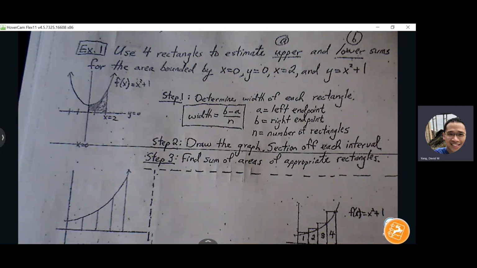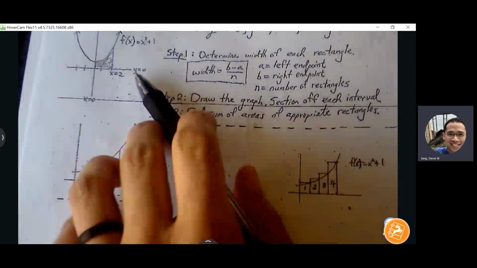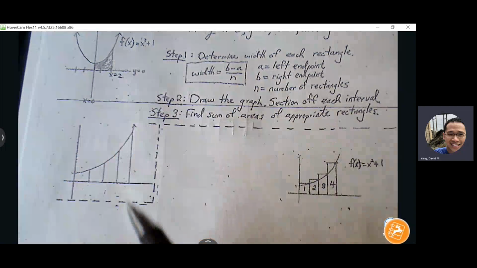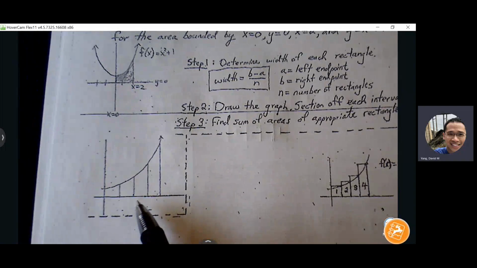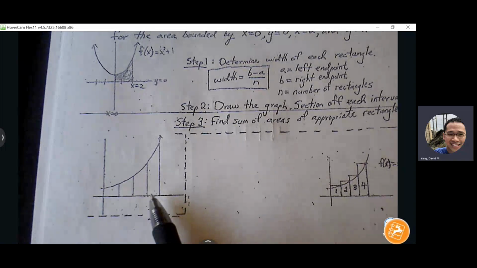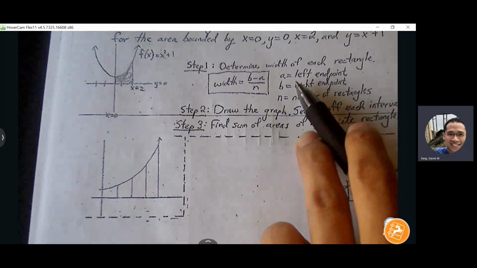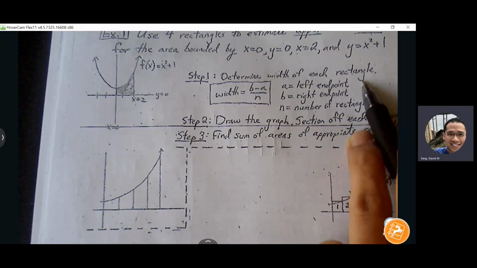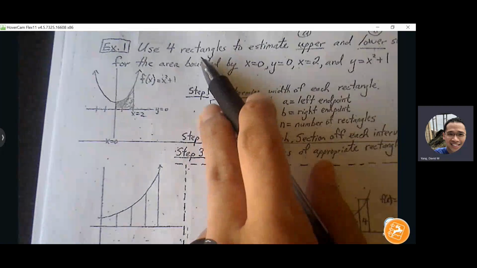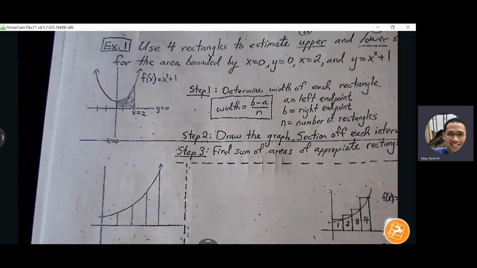The first thing that we need to do, and I drew a larger version of that region here to help us out, is determine the width of each rectangle. It says use 4 rectangles, so we want to create 4 equal subintervals.